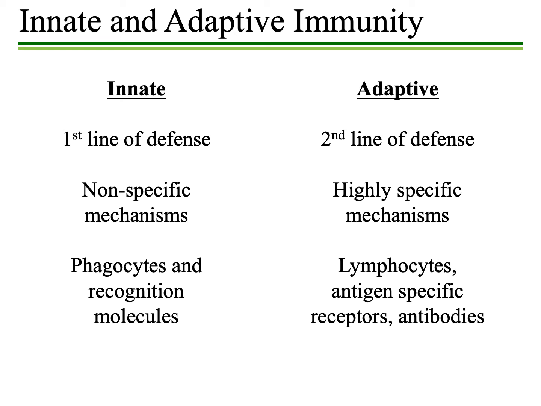So non-specific mechanisms are involved, and broad categories of pathogens are identified in the innate immune response. This is very different from the adaptive immune response in that it is highly specific to the pathogen in question. The adaptive immune response develops in response to an infection and adapts to eliminate that particular pathogen.